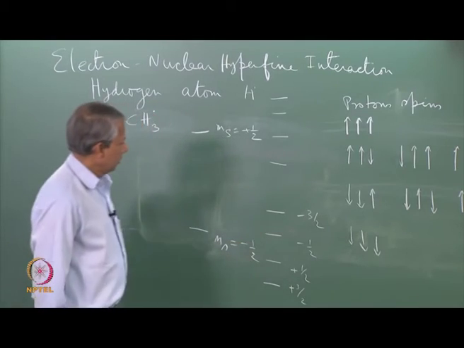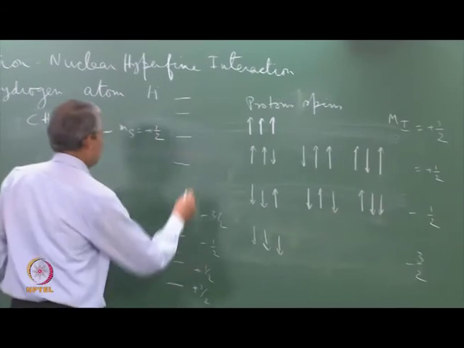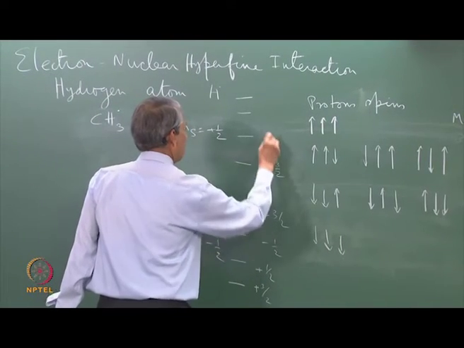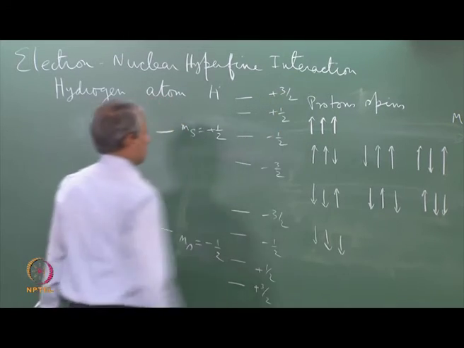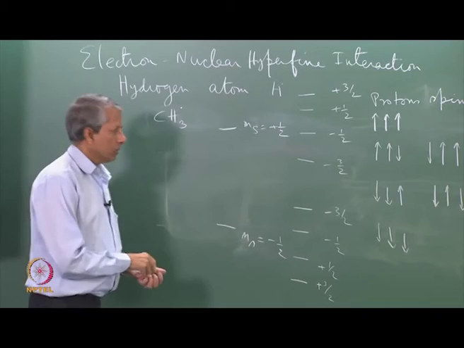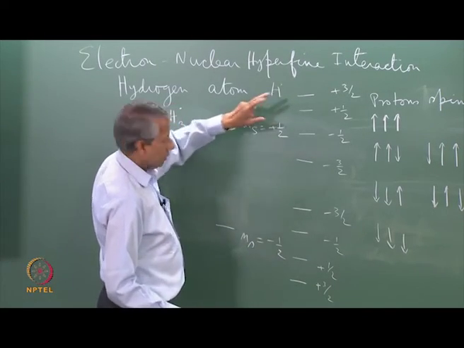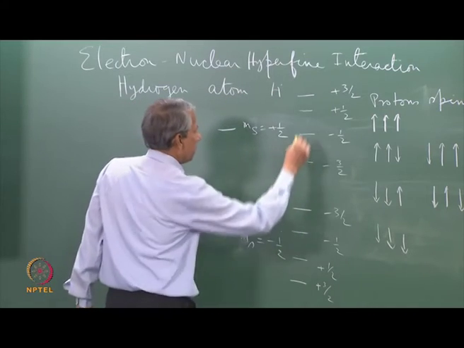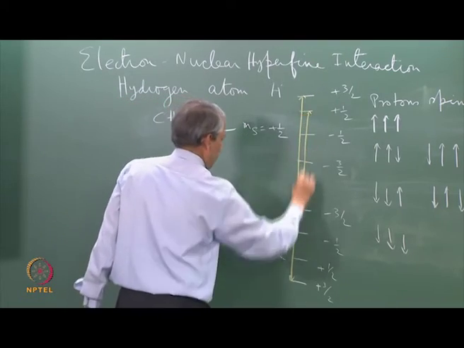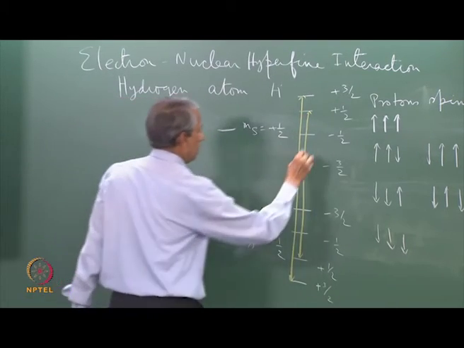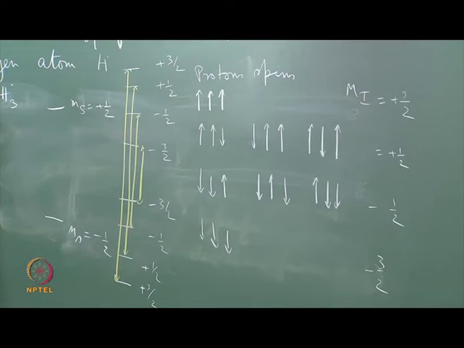These are the possible values of the proton spin total angular momentum quantum number. Similarly, here this will be minus 3/2, minus half, plus half, plus 3/2. Now, the same argument as earlier, exactly the same. The transition will be from one level to the other level, which does not involve any change of the nuclear spin. So, that transition is here to here, another is from here to there, and these 4 transitions are possible there.